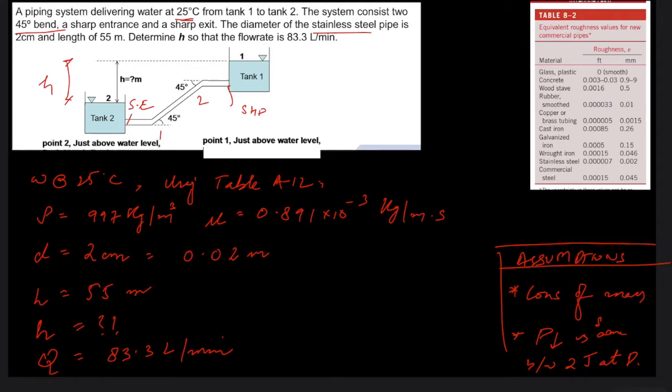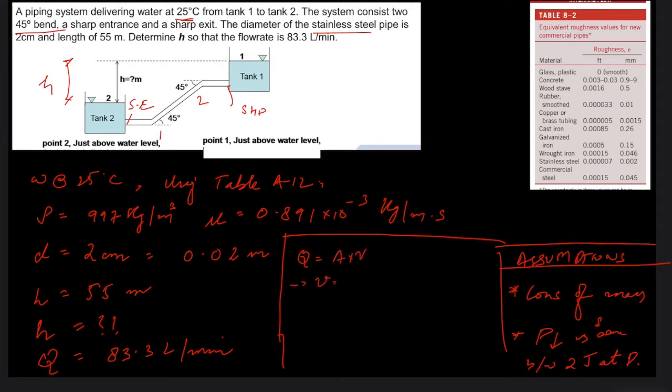The first thing we need to do is find what kind of flow this is, whether it is laminar or turbulent. For that we need to calculate the velocity and Reynolds number. To calculate the velocity we are going to use the flow rate. So let's start the solution. Flow rate Q is equal to area into velocity.